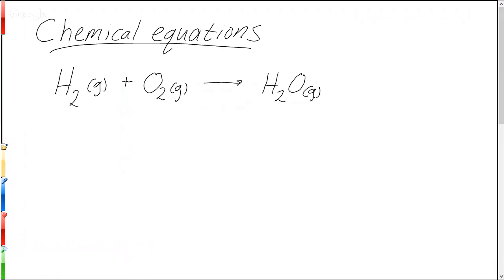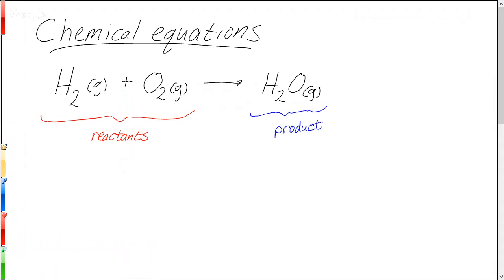So a few things we can get from this, what we've written so far. First, we got the formulas, of course, so that tells you what is being reacted or what is forming. We can talk about the two sides of the chemical reactions. So we can say that on this side, we have the reactants, sometimes called the reagents, the things that are reacting. And on the other side, we have the products, in this case, just one product.